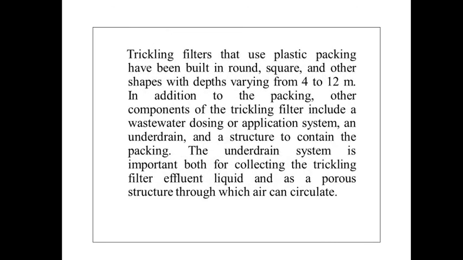Trickling filters that use plastic packing have been built in round, square and other shapes with depths varying from 4 to 12 meters. In addition to the packing, other components of a trickling filter include a wastewater dosing or application system, an underdrain, and a structure to contain the packing.